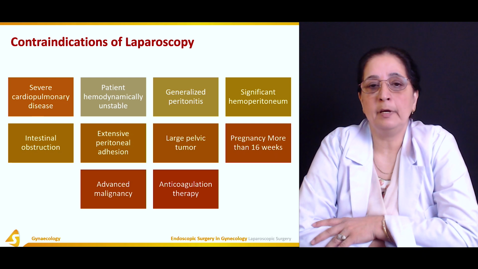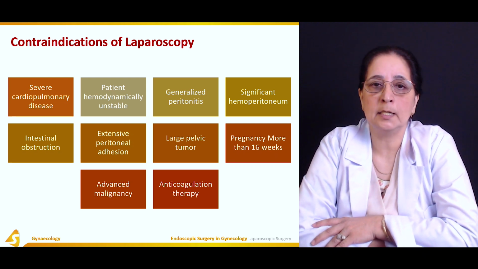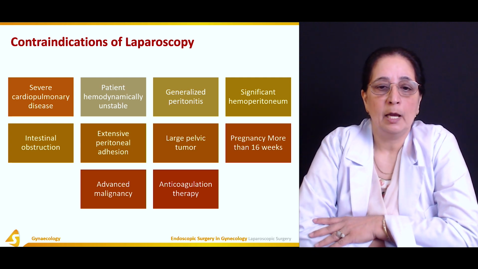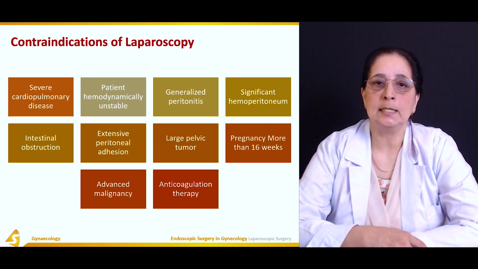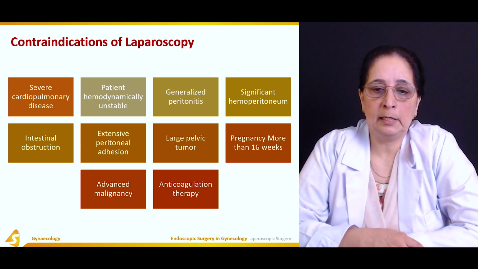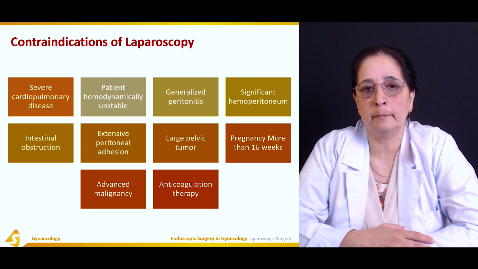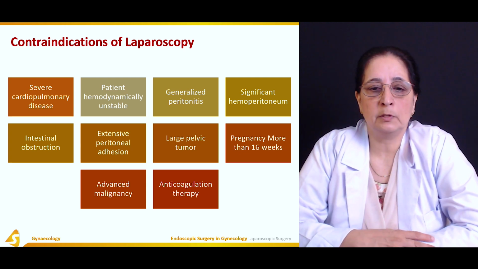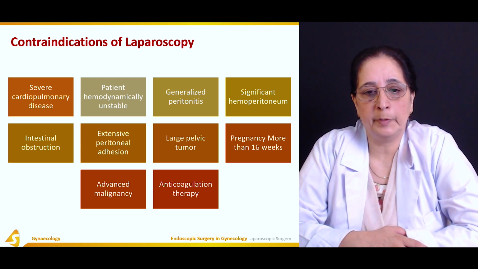First is severe cardiopulmonary disease. If they have heart and lung disease, usually laparoscopy should be avoided. Patients who are hemodynamically unstable, with low blood volume or any problem with the volume, if they are unstable, laparoscopy should not be used.